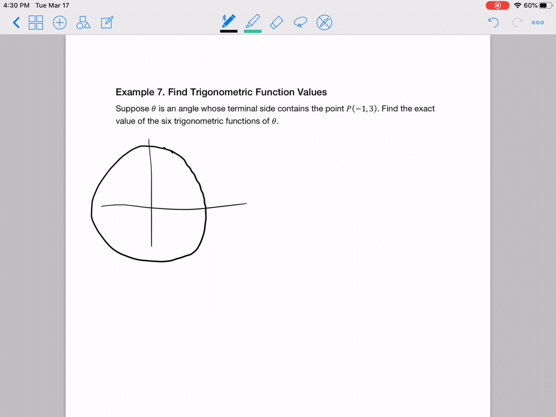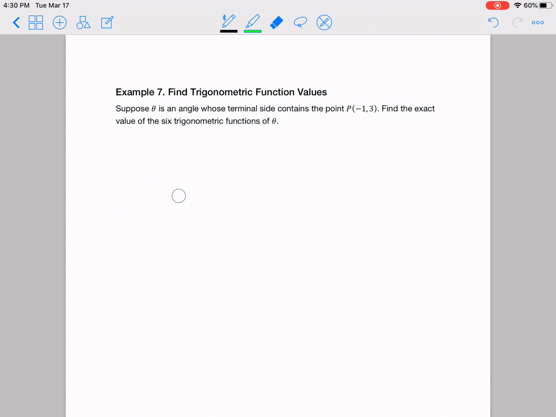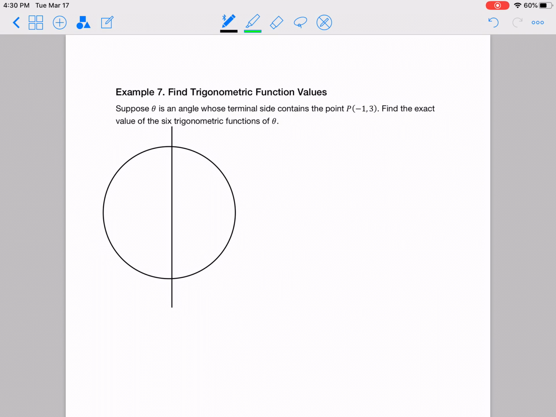I made up this circle, and it's the point -1, 3. Let me draw a good circle. Let's say that we're out here at -1 and then +3. So let's call that this point here. This is -1, +3.